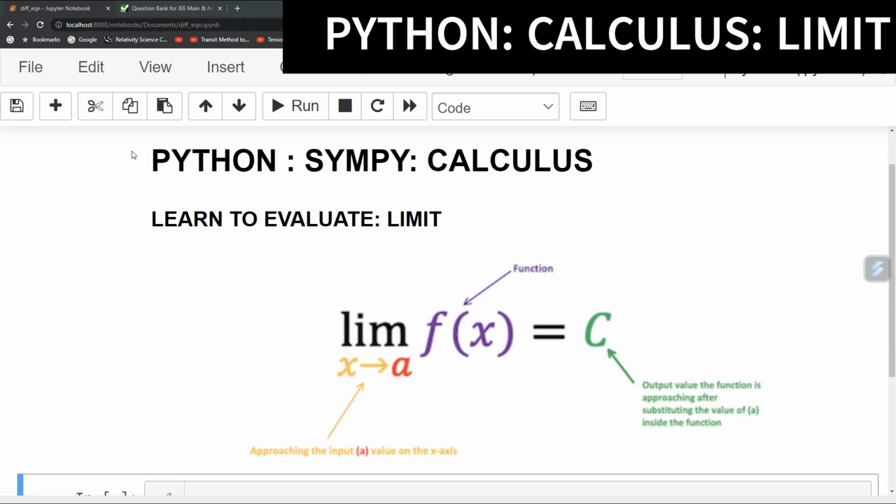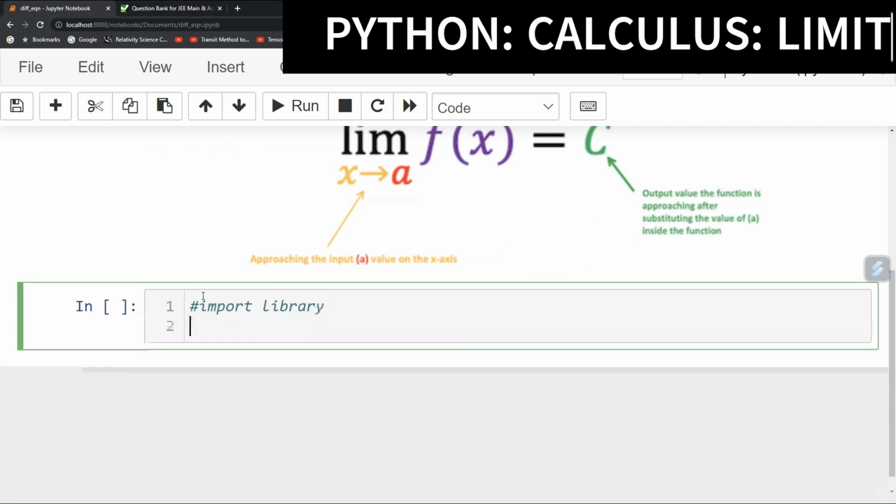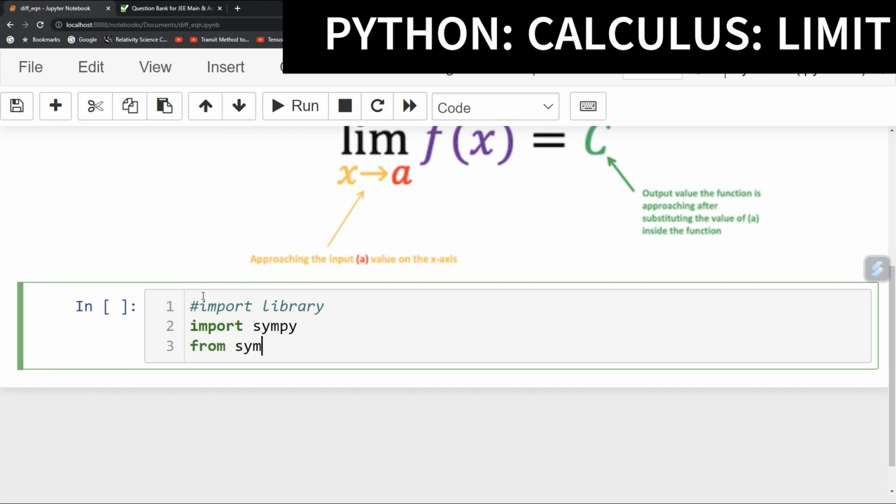So let's find it. For that, import some libraries. Import sympy, and from sympy import symbols.